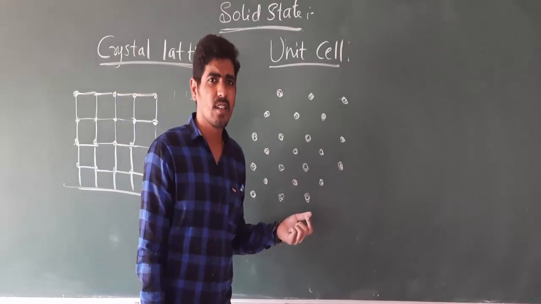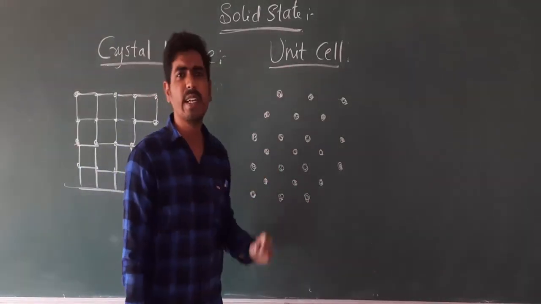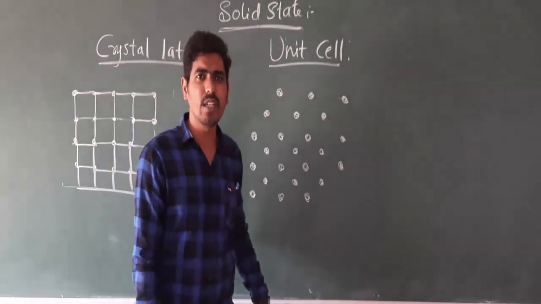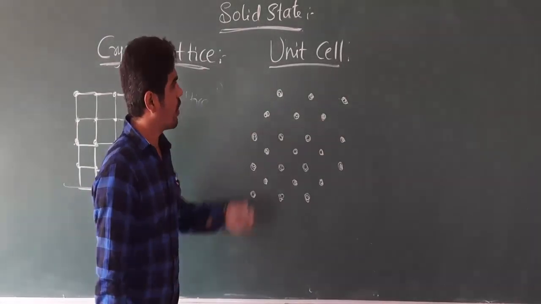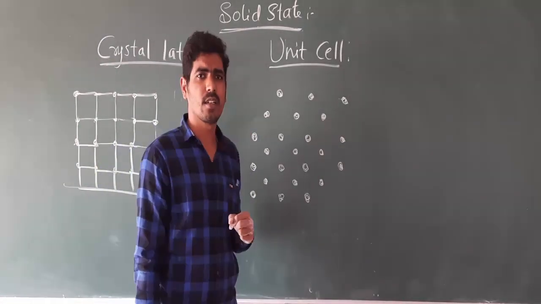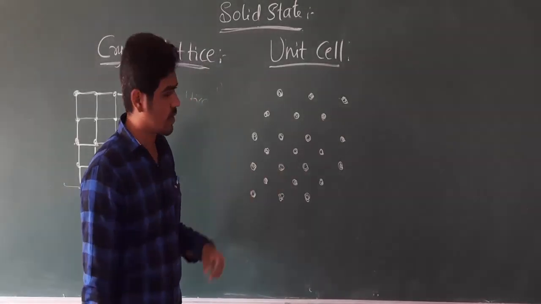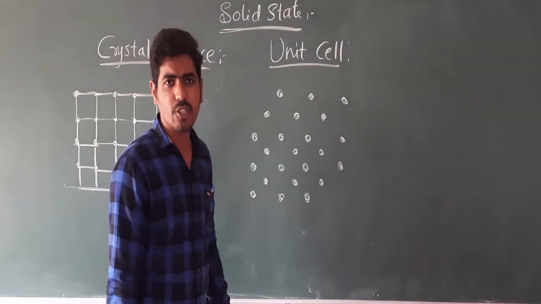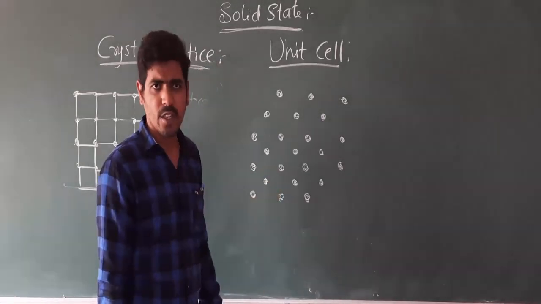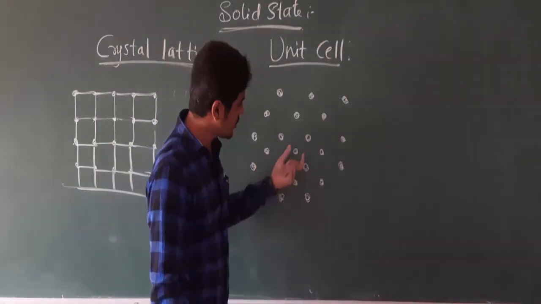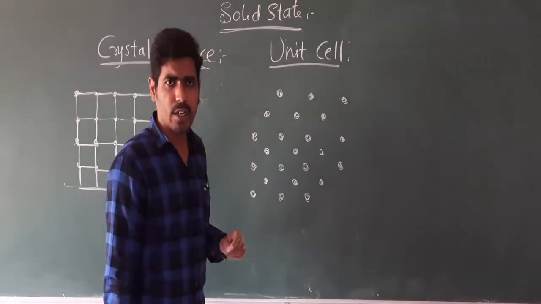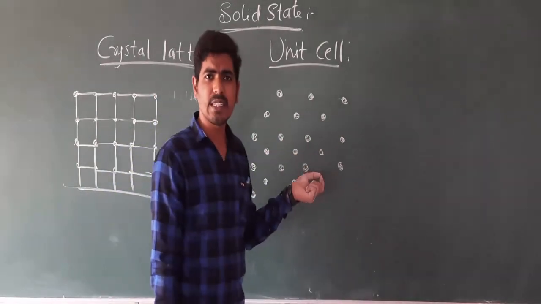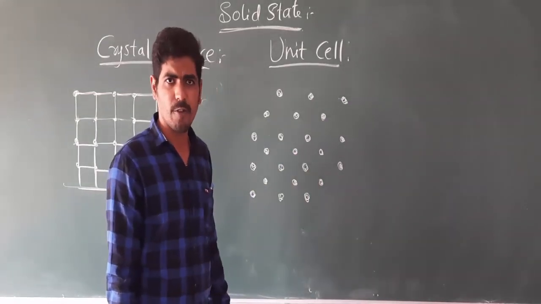Now the next concept is the unit cell. Okay, it is a part of the crystal lattice only. So here, what does this unit cell mean? If you see here, you can observe the points are arranged in this structure, and each point is said to be a lattice point, and each lattice point represents the constituent particle.